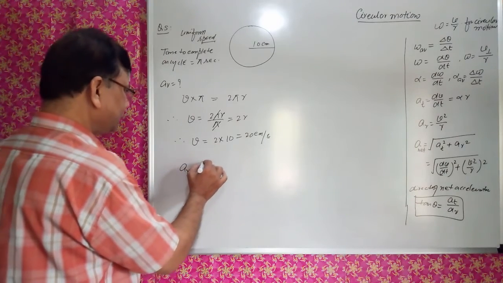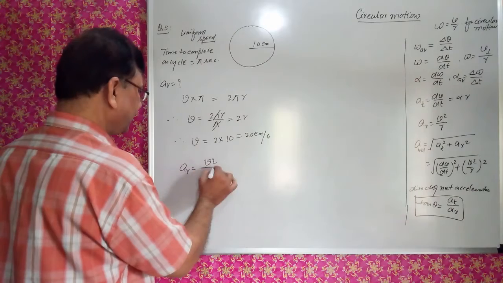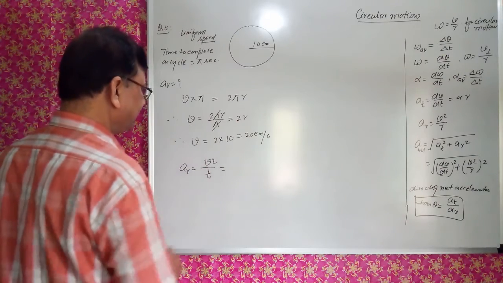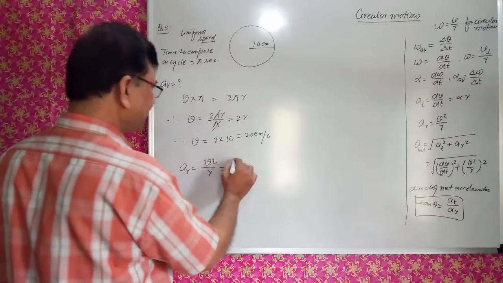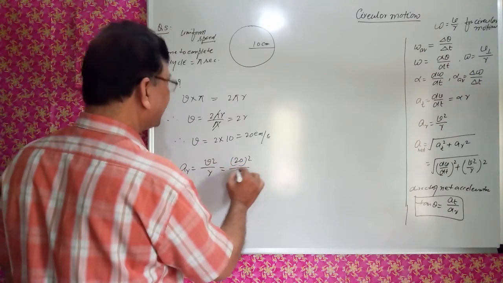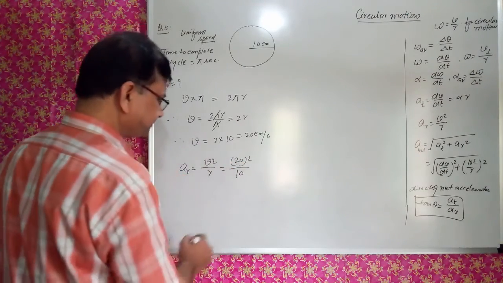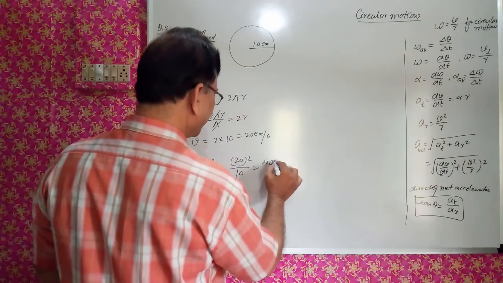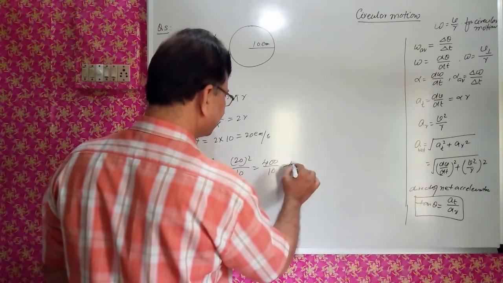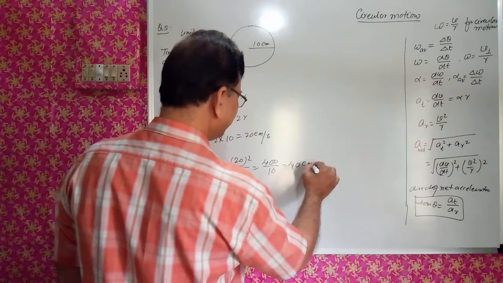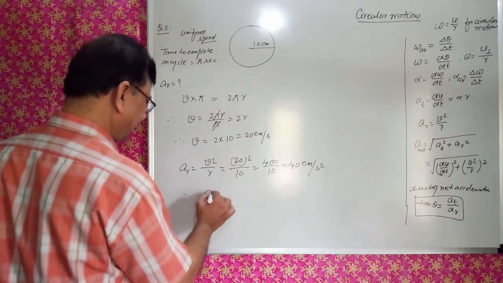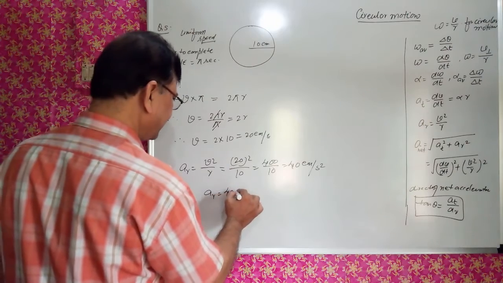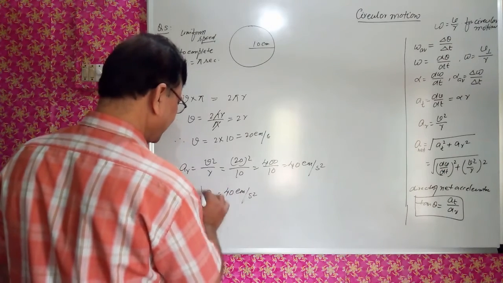So AR is equal to V square upon R, right? So V square means 20 square upon R is 10, that is 400 by 10, that is 40 centimeters per second square. This is the answer. AR is equal to 40 centimeters per second square.